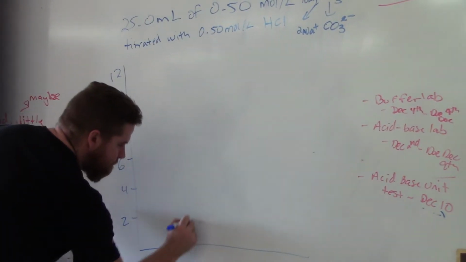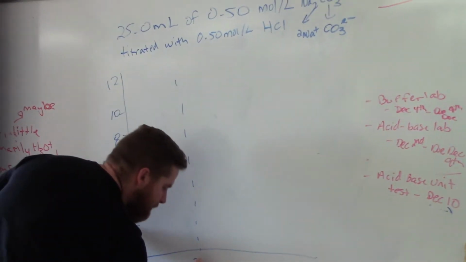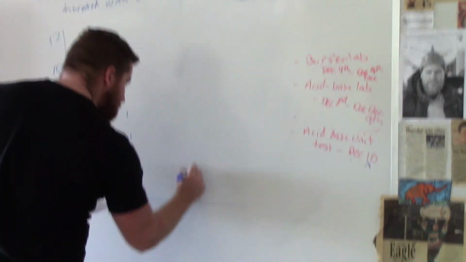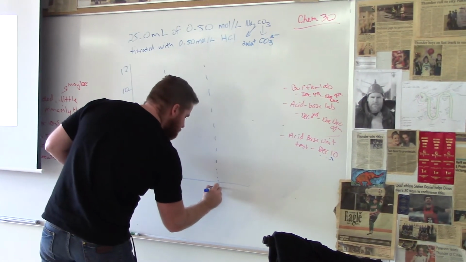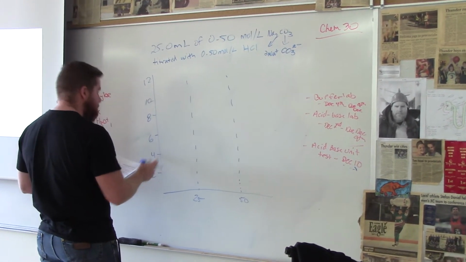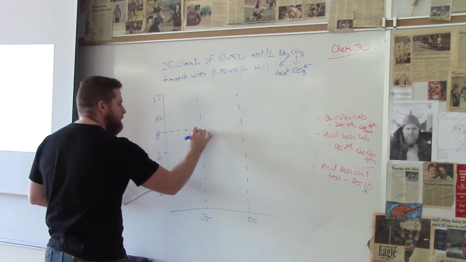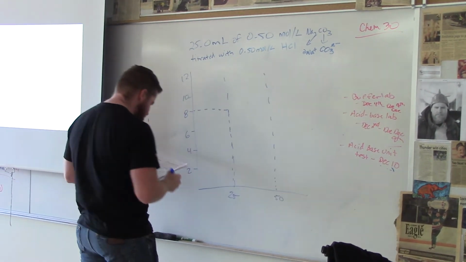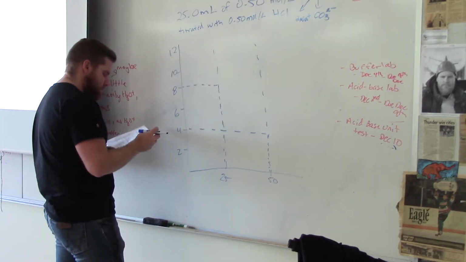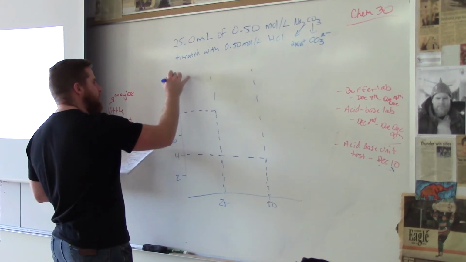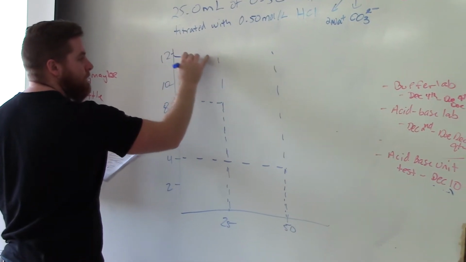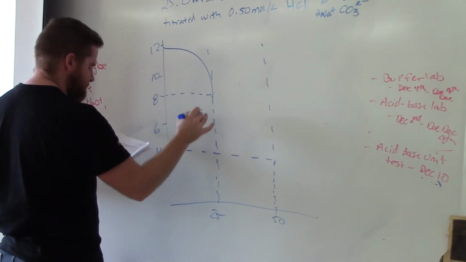I'm not going to write all these increments. But what we have is an equivalence at 8 and an equivalence at 4. With a polyprotic entity, I'm going to have multiple endpoints.